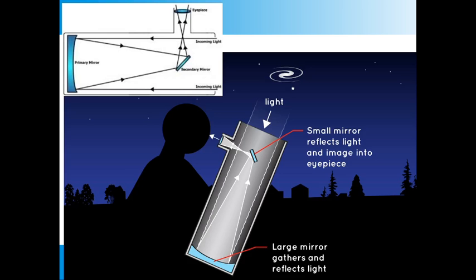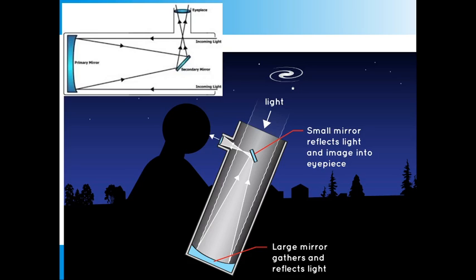We can see the working here. Light falls on a large mirror that is placed at the far end of the telescope, and from there light is reflected and collected on a secondary mirror, and from there it reflects to our eyepiece, and thus the eyepiece brings a magnified image to our eye's pupil.